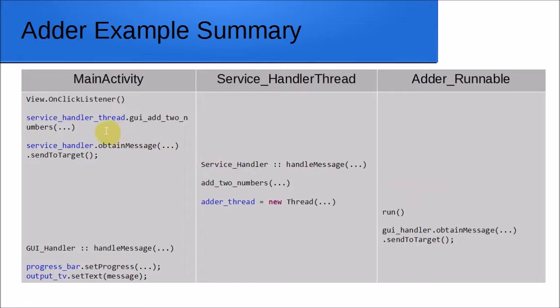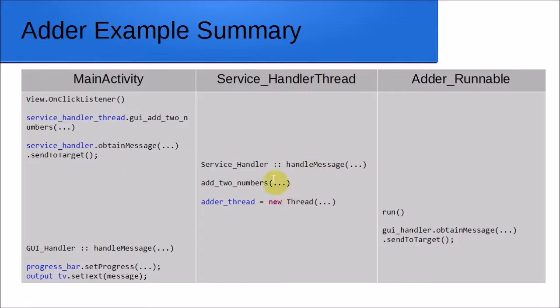So, if the main activity sends an add message followed by a cancel message, the message handling logic has to spin off the addition into a third thread so that you can see the cancel message and then cancel this thread. It's the only way for cancellation to work. If I try to add two numbers inside of this thread, I won't be able to process the cancel message.